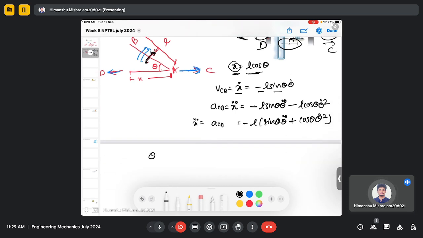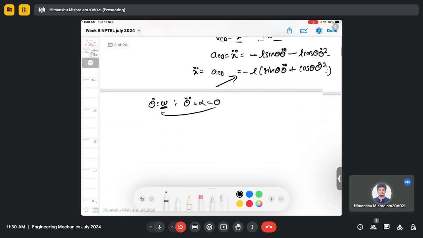So my theta dot is omega, and my omega is constant, which means my theta double dot, which is supposed to be an angular acceleration, is 0. So now I can plug this quantity in the above expression to find the velocity and acceleration of CD.